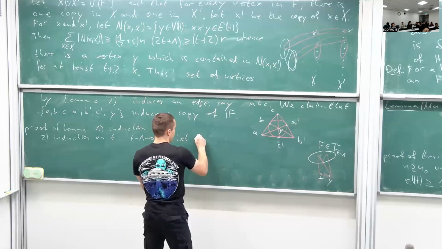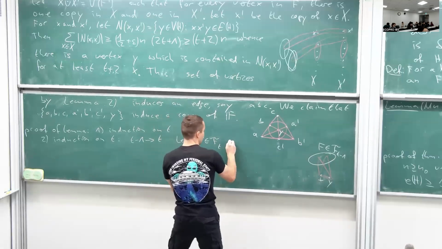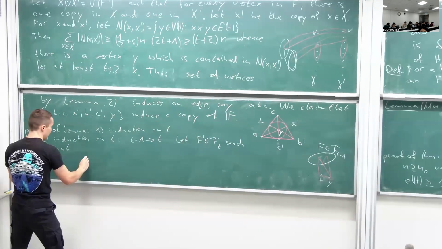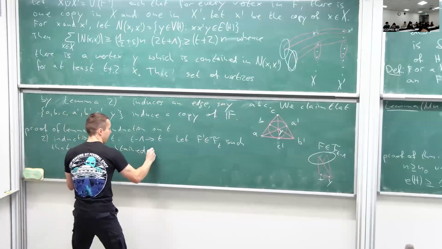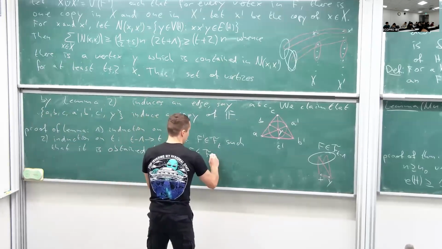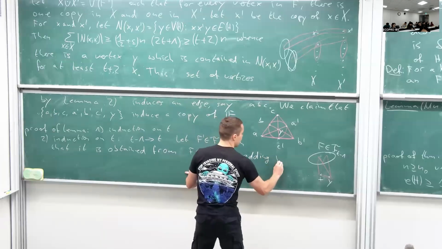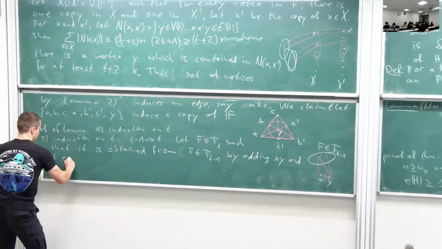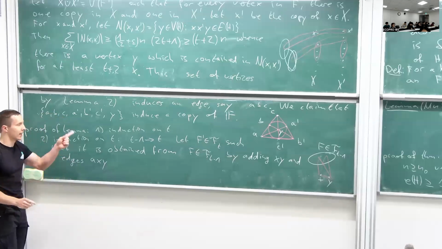So let F be in F prime and F_t such that it is obtained from some F in F_{t-1} having X, Y and T edges from X, Y, right, as in the definition.